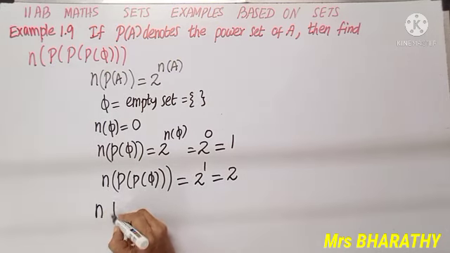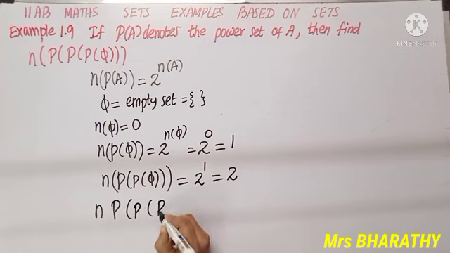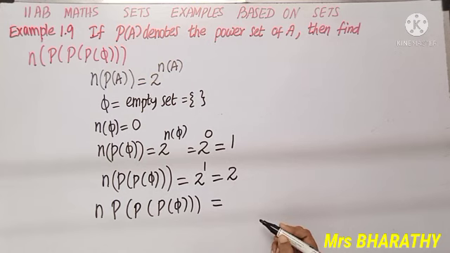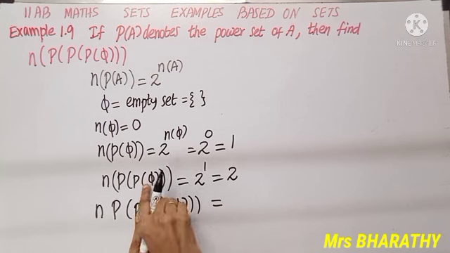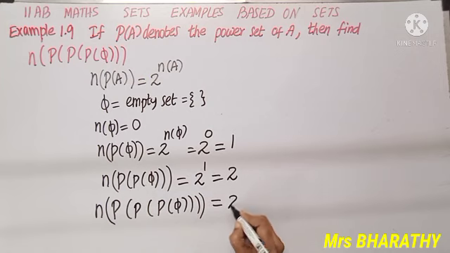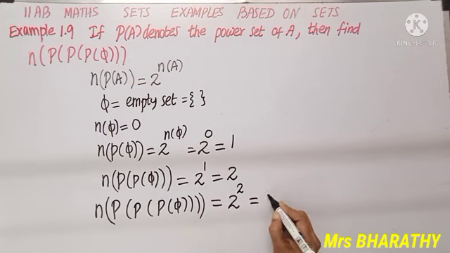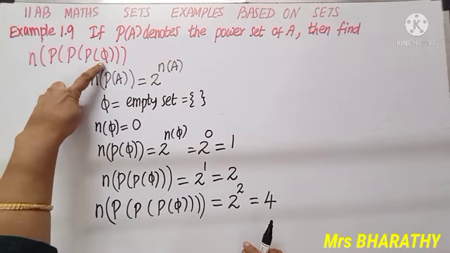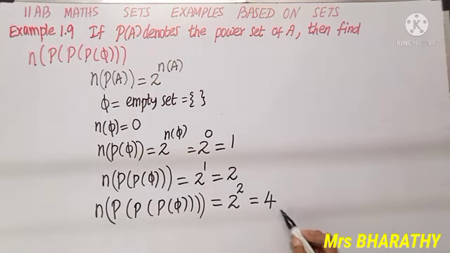So n of P of P of P of phi. Another P we have completed, another P we want to finish. So what is this? 2 power 2, that is 4. So P of P of phi will contain 4 elements.